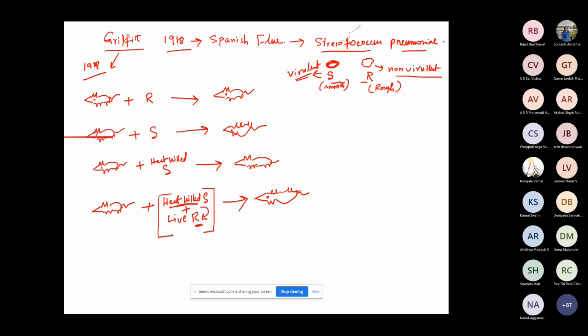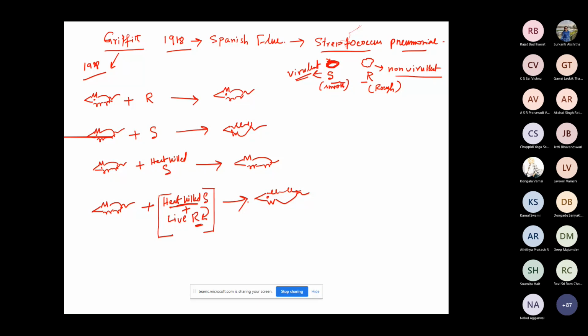They make this extra layer. This is some kind of polysaccharide layer, some kind of sugar layer, right? And because of this additional layer, the immune system present in mouse cannot handle this S strain. So as a result of that, they are virulent.